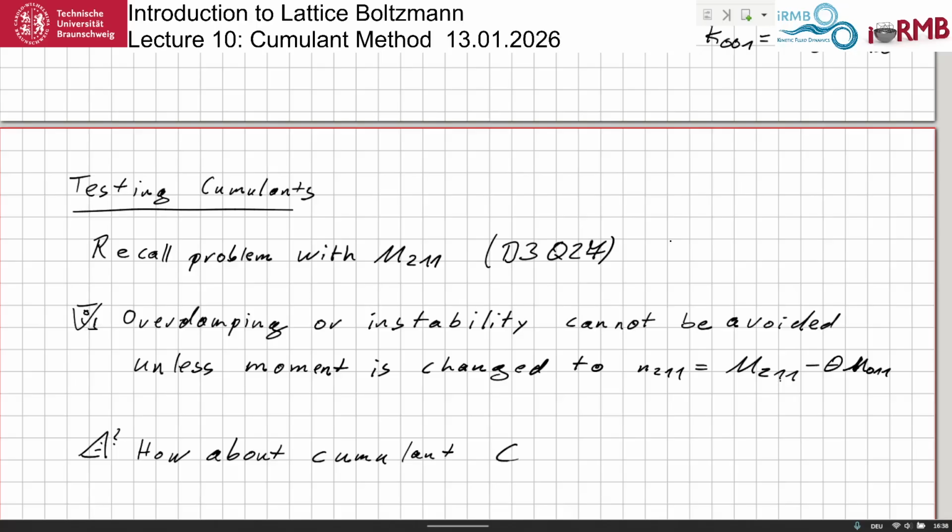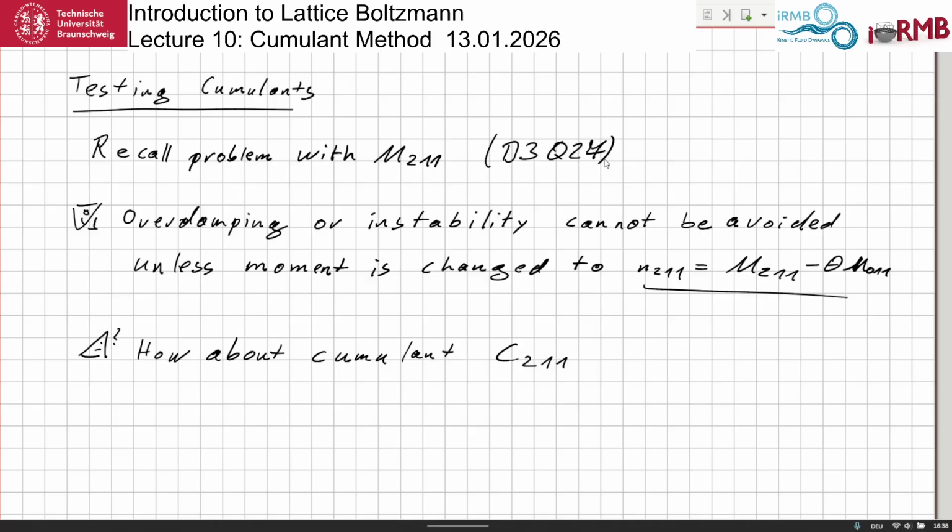Suppose we are not relaxing this, but we are relaxing the cumulant C211. So what is this cumulant? C211 expressed in central moments is K211 divided by rho minus K200 times K011. By the way, this never happens with central moments: here we have a product of two non-first order moments.